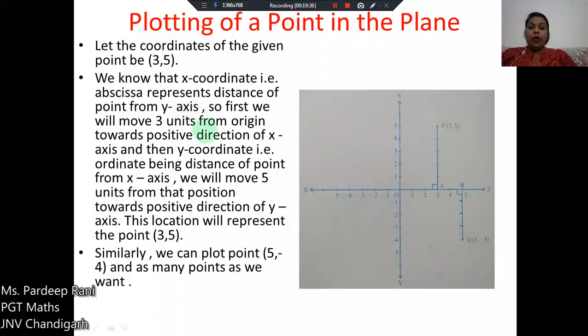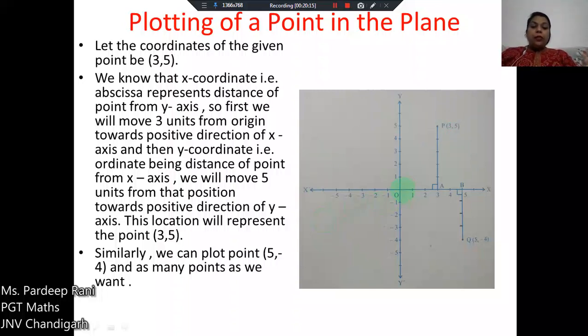So first we will move 3 units from the origin towards the positive direction of the x-axis, and then the y-coordinate, that is the ordinate, being the distance of a point from the x-axis, we will move 5 units from that position where we were already standing, in the positive direction of the y-axis, and we reach the point P, which represents the location of the point (3, 5).